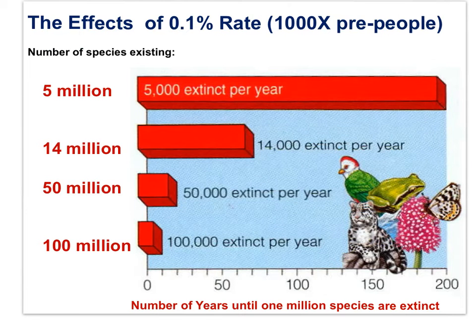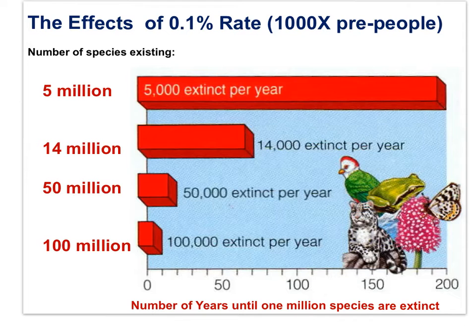Now let's combine extinction rates with estimates of the number of species on Earth. If we apply an extinction rate of 0.1%, which is 1,000 times more than background, to an estimate of 5 million species on Earth, then 5,000 species will go extinct in 1 year. If we apply an extinction rate of 0.1%, which is 1,000 times the background, to an estimate of 14 million species on Earth, then 14,000 will go extinct in 1 year.